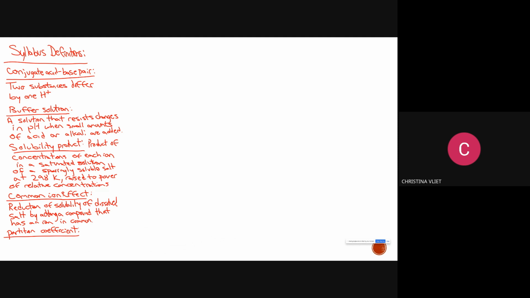The ratio of the concentrations of the solutes dissolved in two immiscible solvents in equilibrium with each other. Those are straight-up definitions.